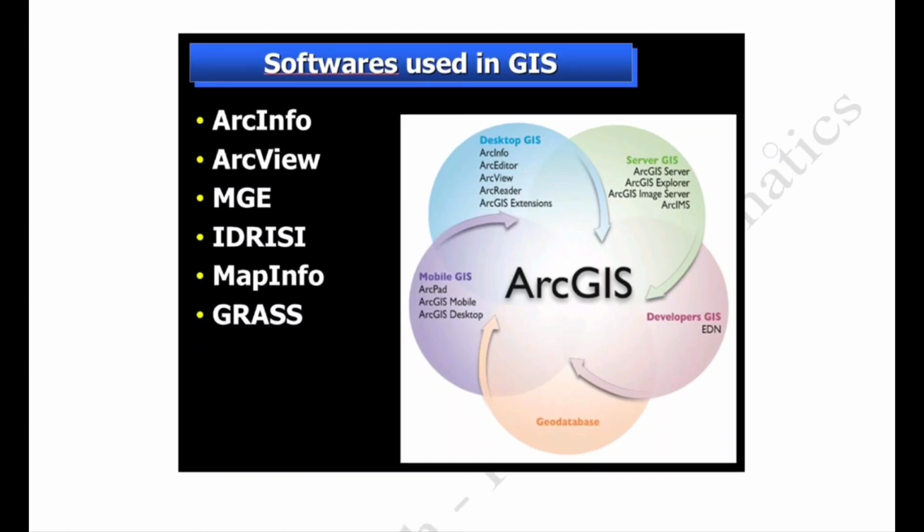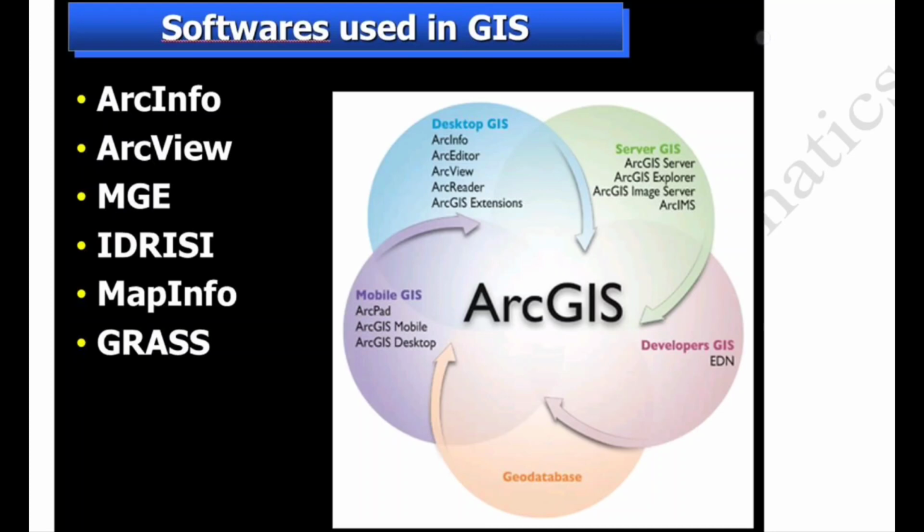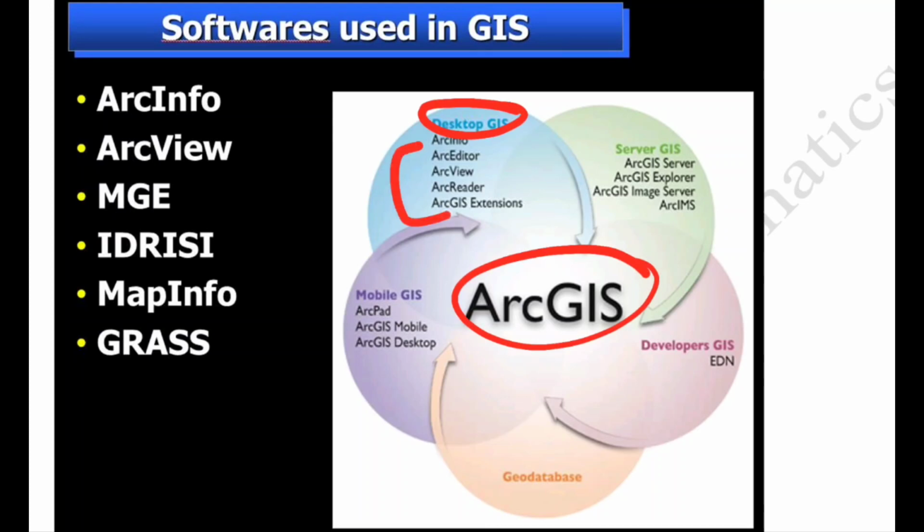As we already know, GIS software is a component of GIS. So what are the softwares? As we have known, there are ArcGIS, which you have already used, ArcMap 10 and ArcGIS, and also QGIS. GIS softwares are many. They can be differentiated into desktop GIS, which contains ArcEditor, ArcView, ArcReader, ArcGIS extensions.